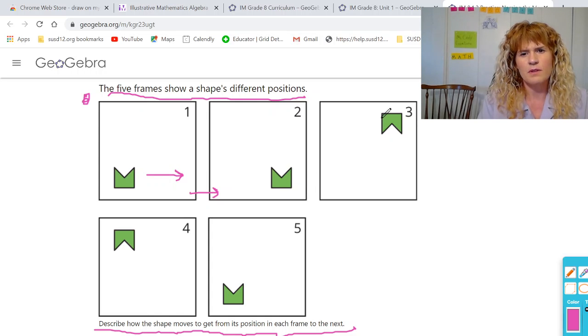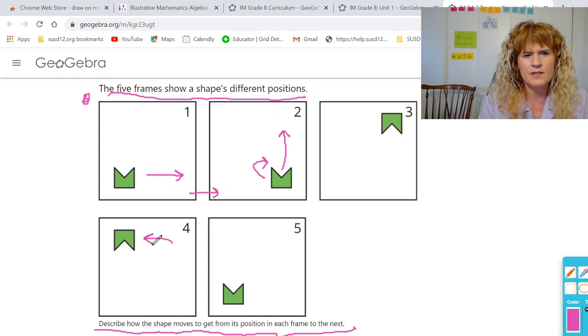And from 2 to 3, I see a rotation clockwise and it slides up. And from 3 to 4, it looks like the shape has slid to the left. And then from 4 to 5, the shape has rotated 180 degrees and slid down.